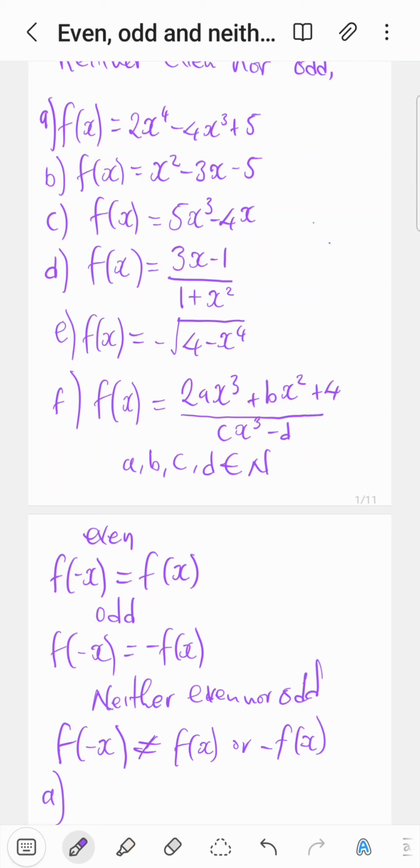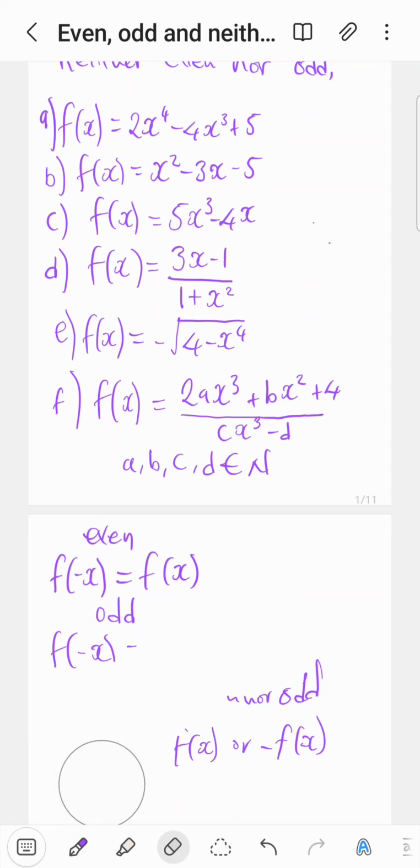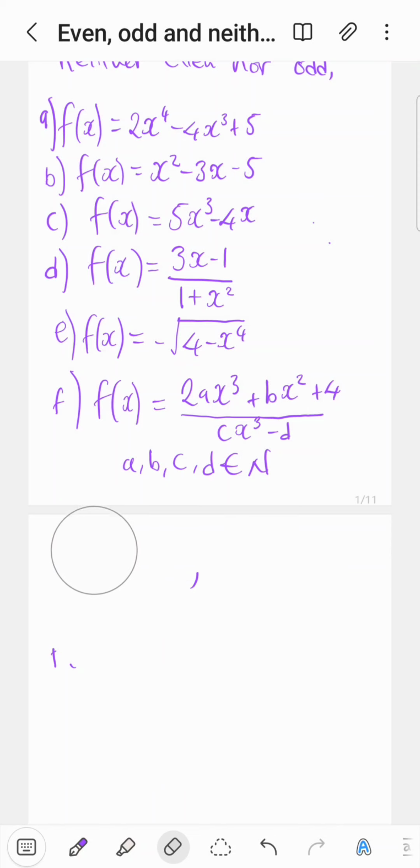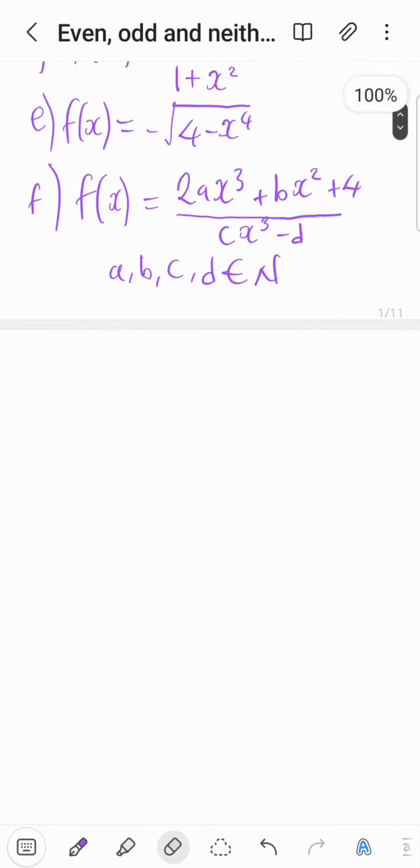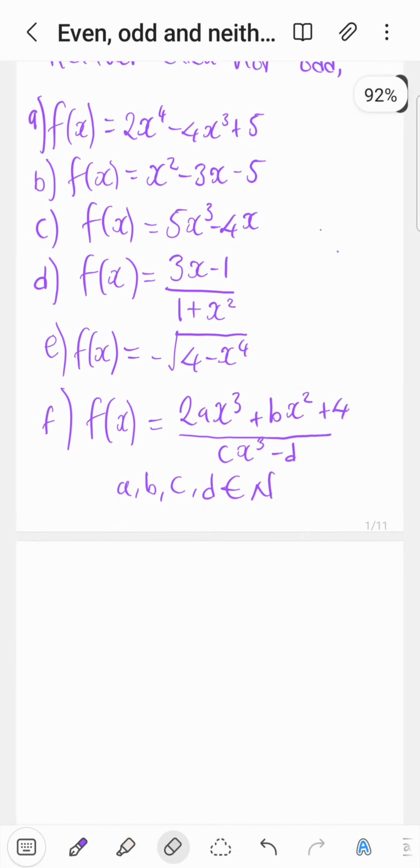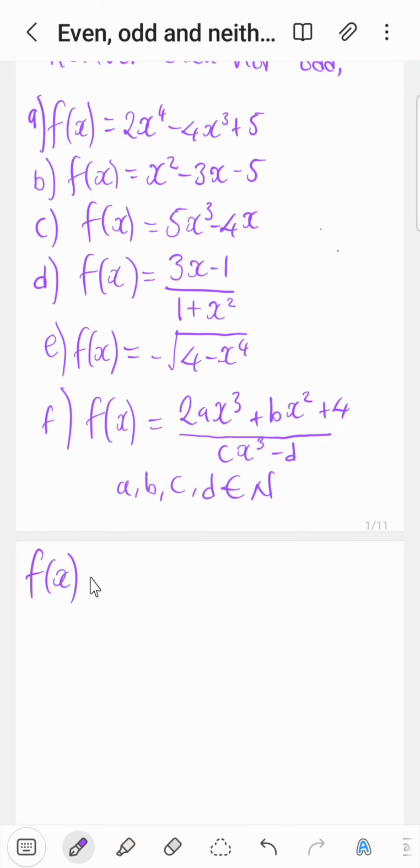Okay, we know the rules. For part a, f of x equals 2x to the power 4 minus 4x to the power 3.